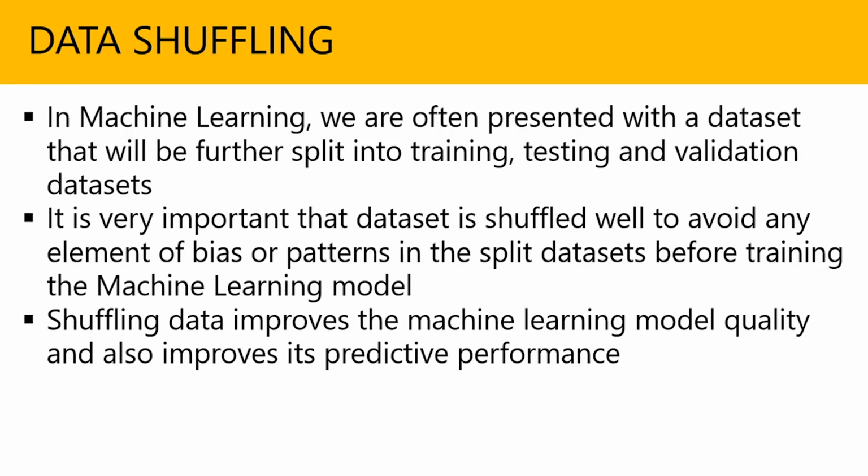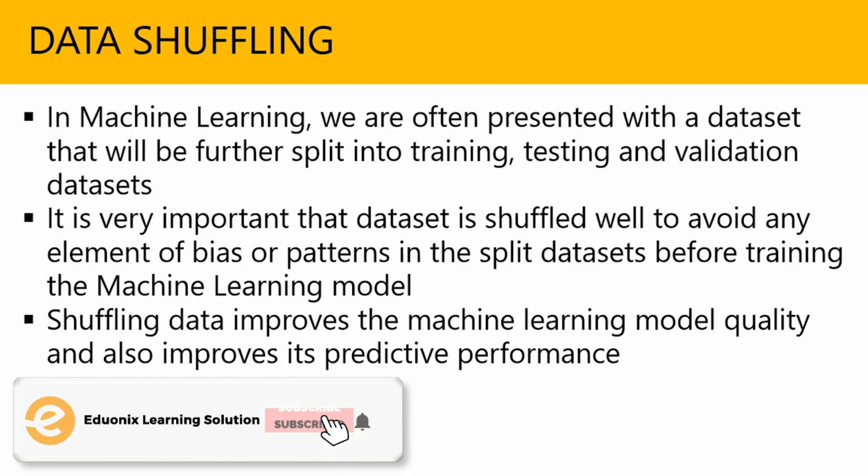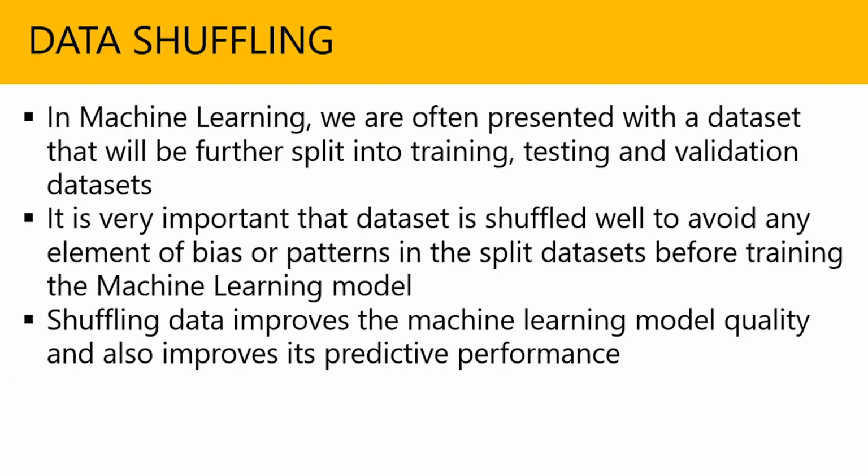And it's very, very important that the data set is shuffled well to avoid any element of bias or patterns in the split data sets. Because what happens is you take 100% of your data, and let's say you do a 70-30 split, okay? Now the split could mean that most of your relevant data could end up within the 70% of that split, or could end up within the 30% of the split. So that's going to cause real challenges and issues later on.